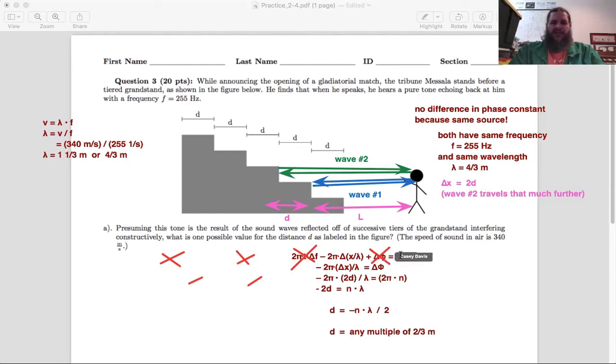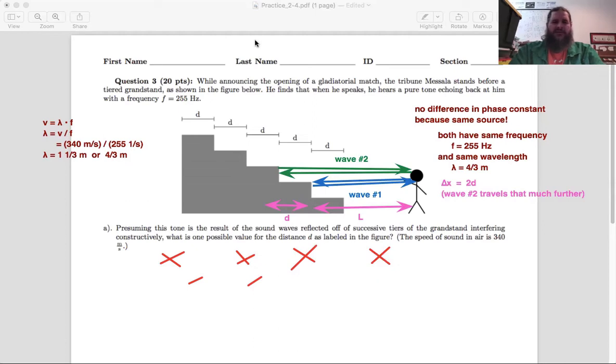In that case, your entire total phase equation is going to become much simpler.